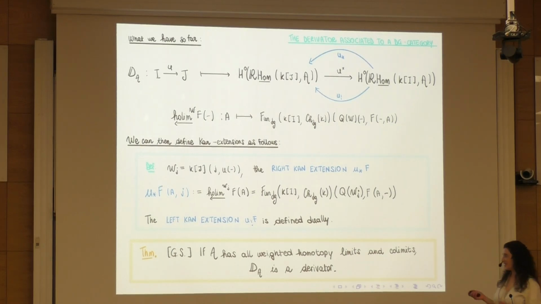Which means that A has cones and shifts, defined degree-wise. Then you can prove that the existence of weighted homotopy limits and colimits implies this condition for a DG category to be pretriangulated. I don't know if I answered. I think so, yeah. Let's thank the speaker again.